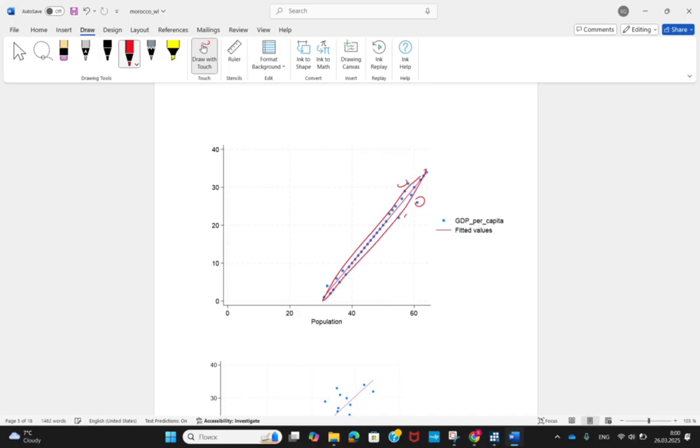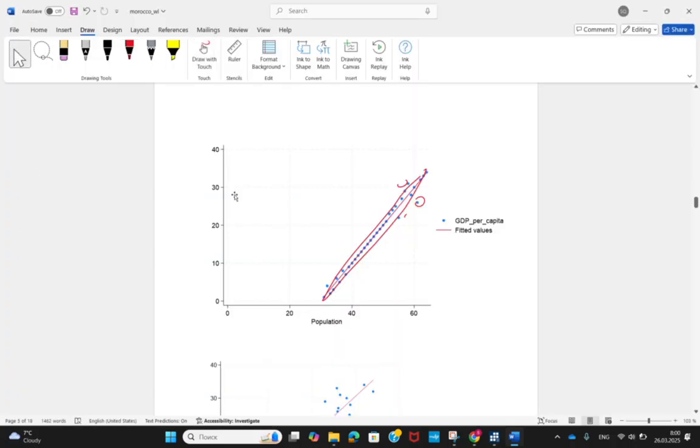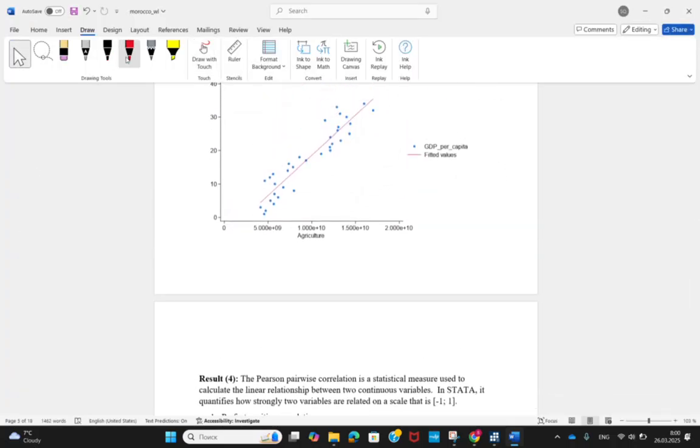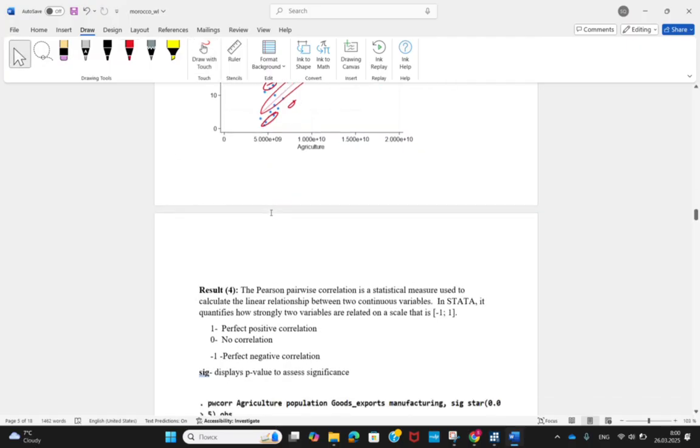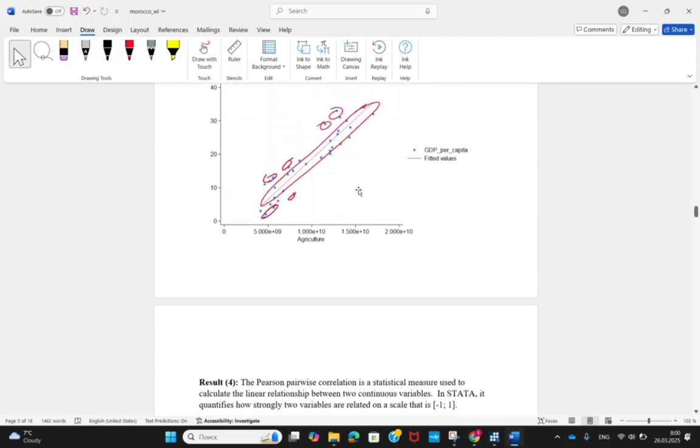Some points here may have been chosen randomly. But here there are a lot of points out of the area. We will have some problem in the economy of Morocco. This is GDP per capita in fitted values.